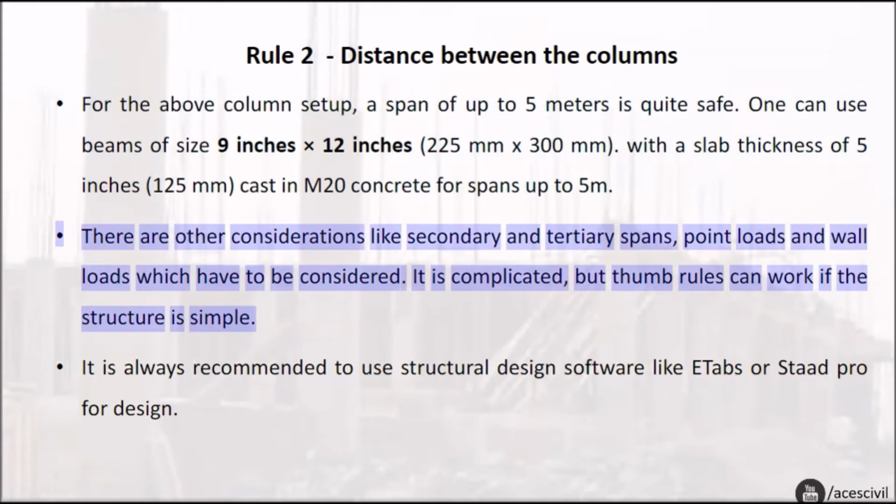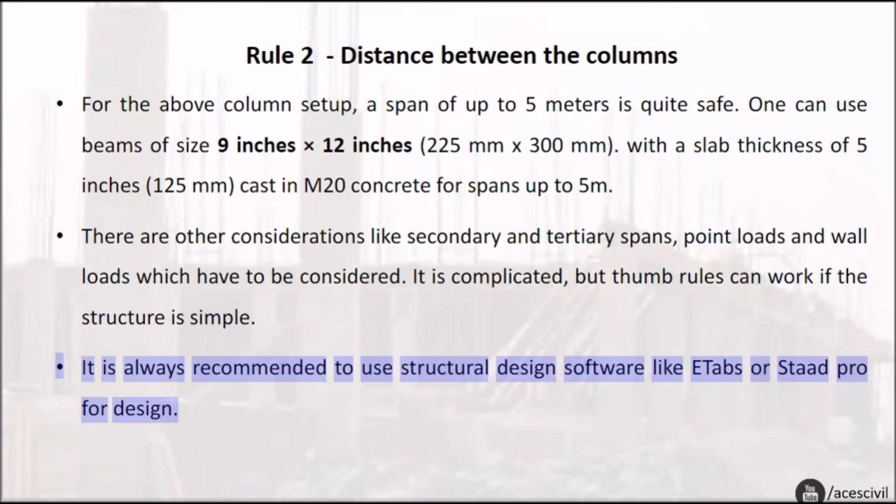There are other considerations like secondary and tertiary spans, point loads and wall loads which have to be considered. It is complicated, but thumb rules can work if the structure is simple.